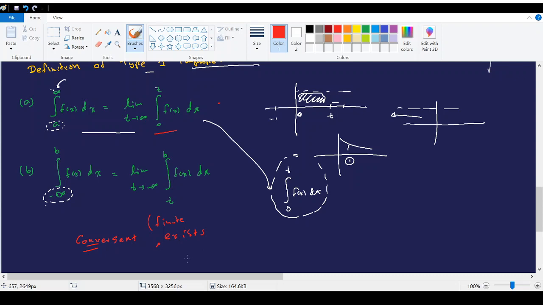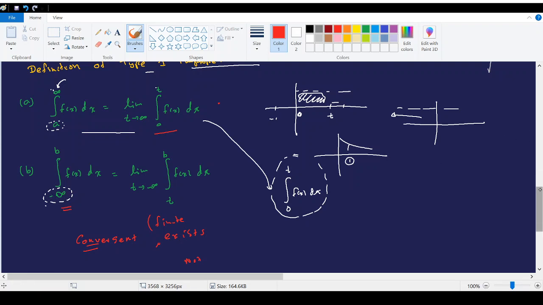And if it is not finite, we say the improper integral is divergent. And now it is true for both infinity in the upper limit and negative infinity in the lower limit, right?